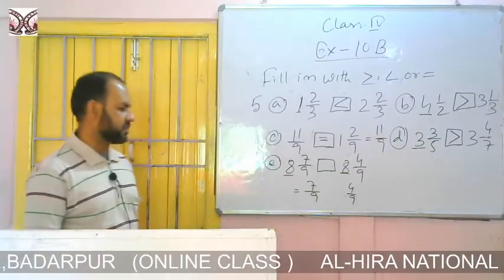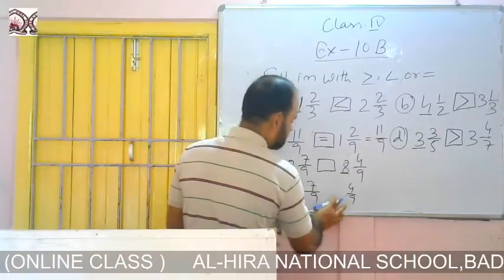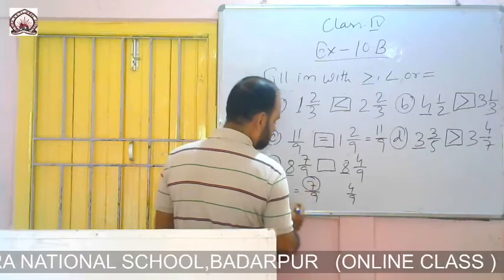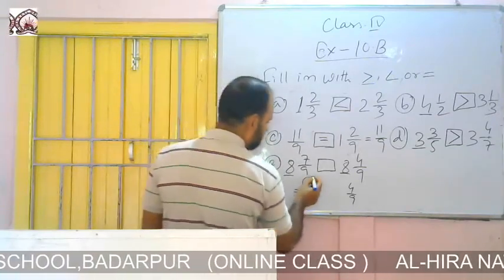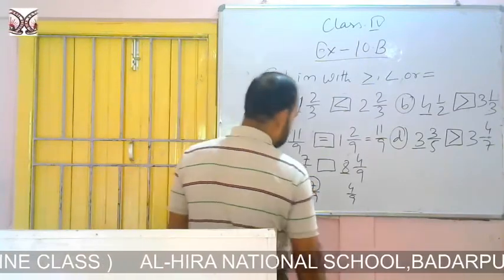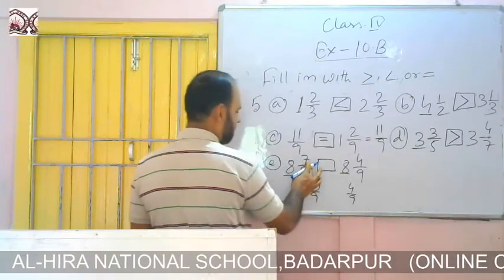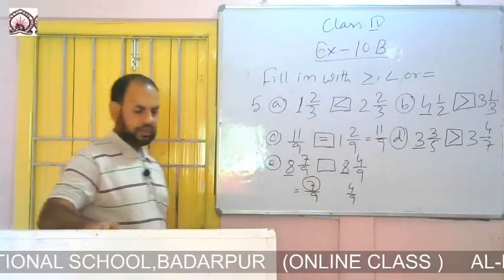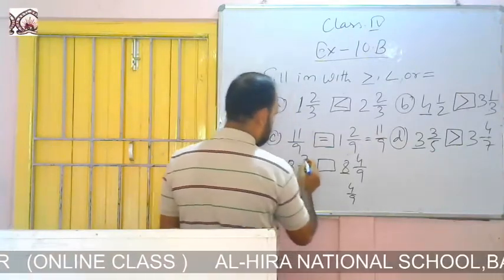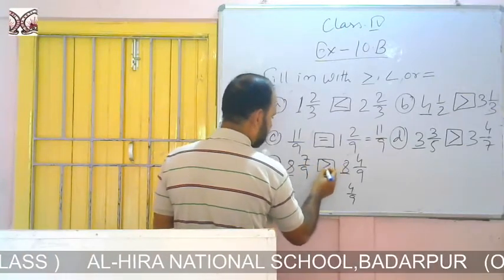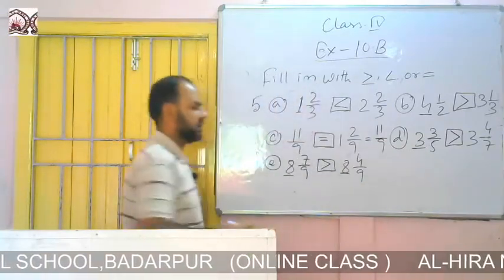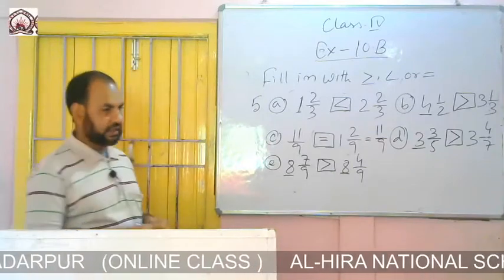We know if fractions are like, the one with the greatest numerator is the greatest. So here 7 is the greatest. So this fraction is big. 8 7 by 9 is greater than 8 4 by 9.